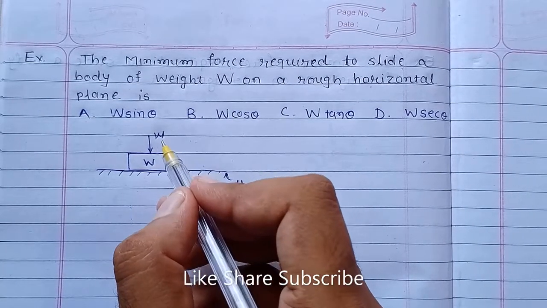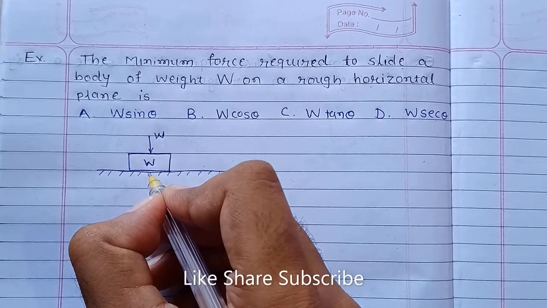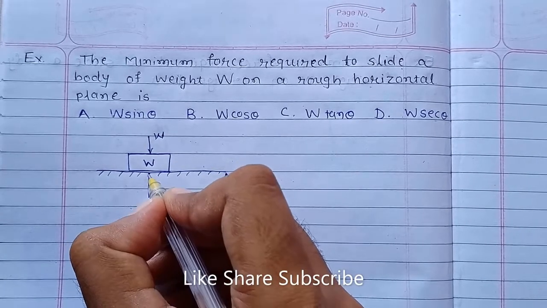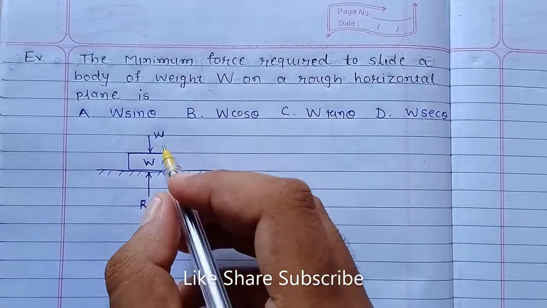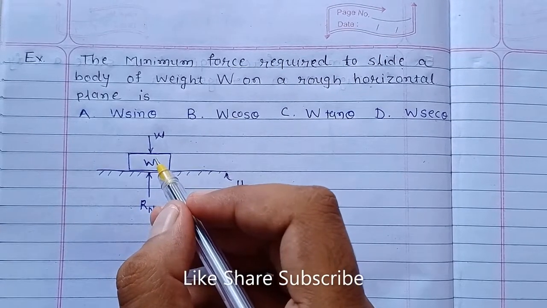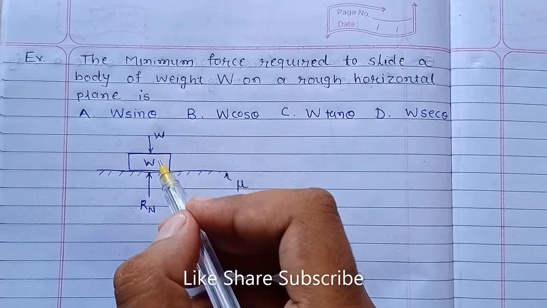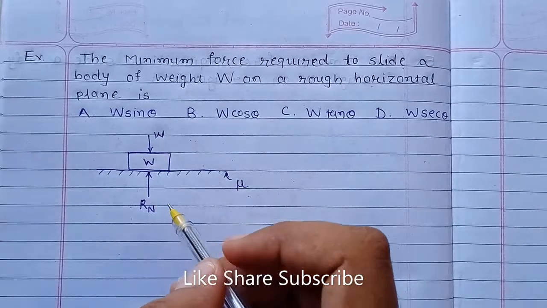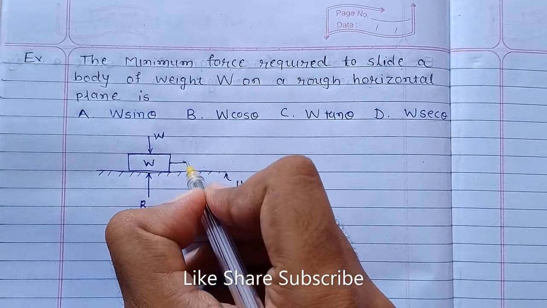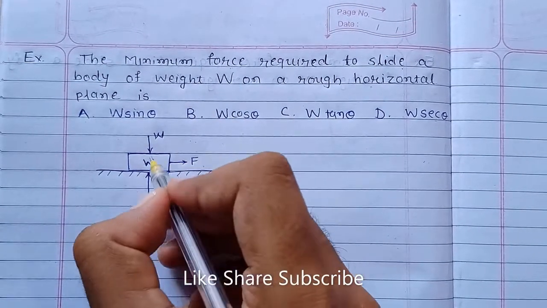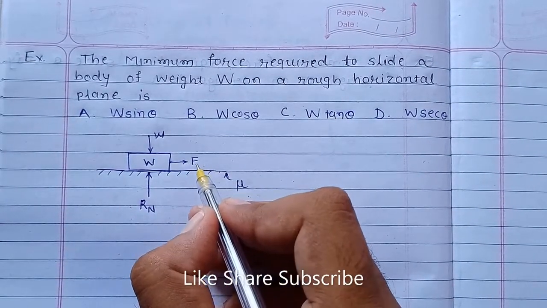Now this W will be compensated by the normal reaction force offered by the ground, which opposes the body weight. So these two are the compensating forces. Let's say we apply the minimum force F to move this body to the right-hand side.